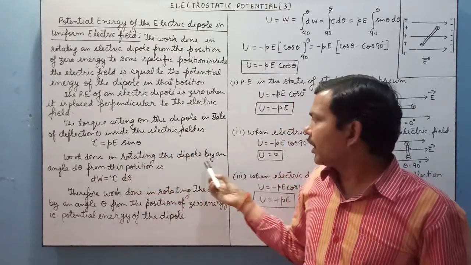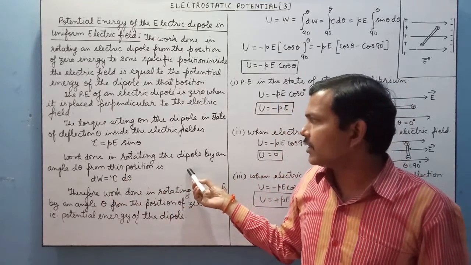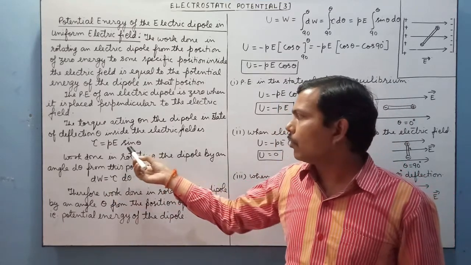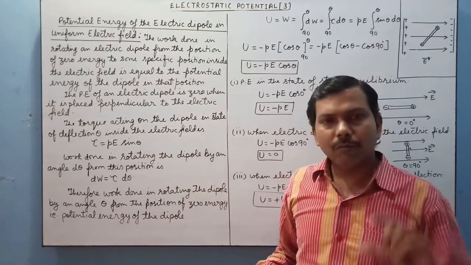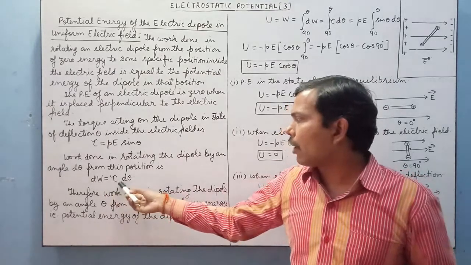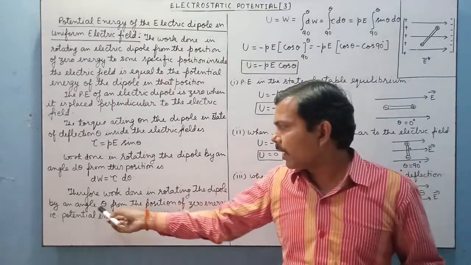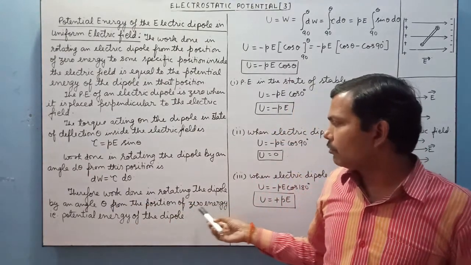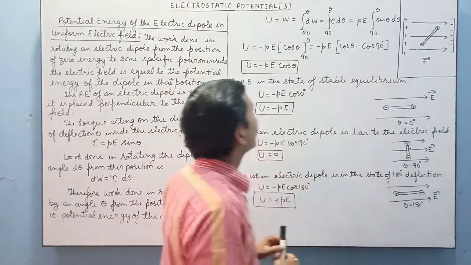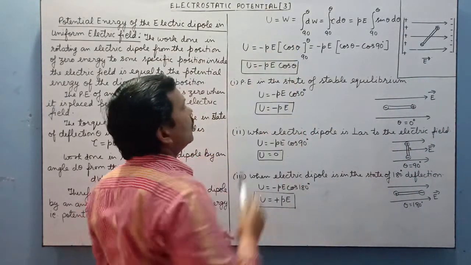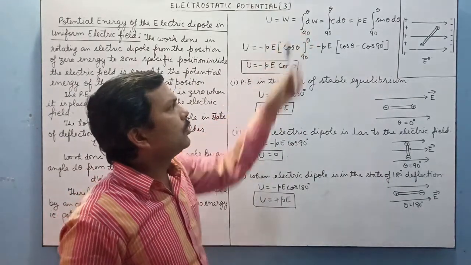Now the work done in rotating the dipole by a small angle d theta from this position is dW = tau d theta. Therefore, the work done in rotating the dipole by an angle theta from the position of 0 energy, that is the potential energy of the dipole, will be U = W = integral dW, from 90 to theta.